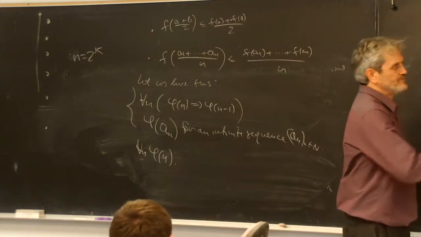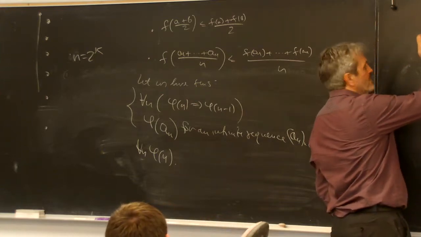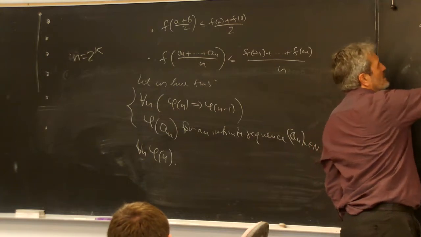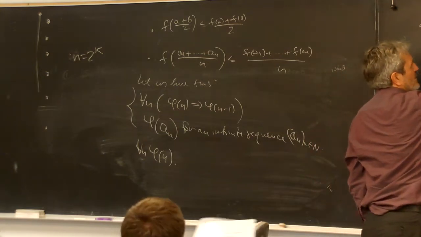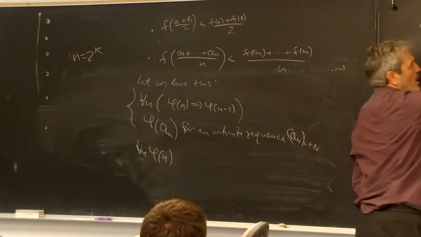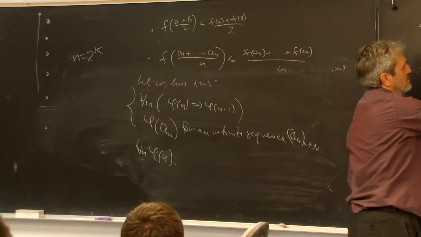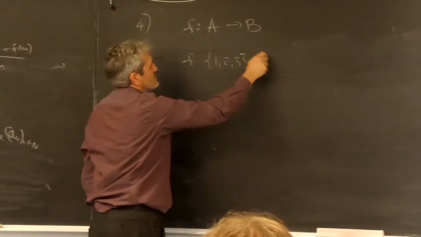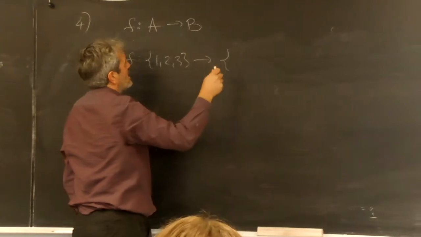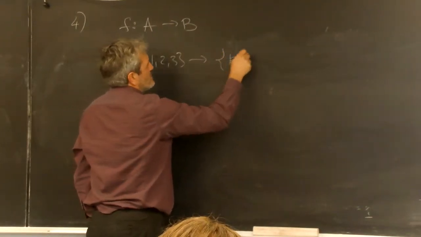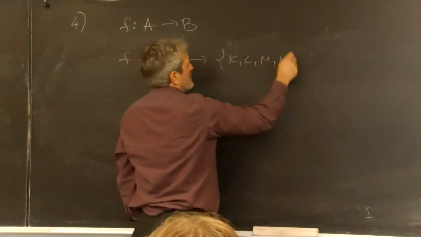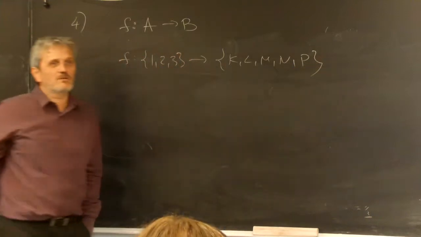So what would that be? Problem number 4. Here are the objects from A to B, where A has 3 elements and B has 5. I'm not losing generality if I say that those are 1, 2, 3, and these are the 5-element set.